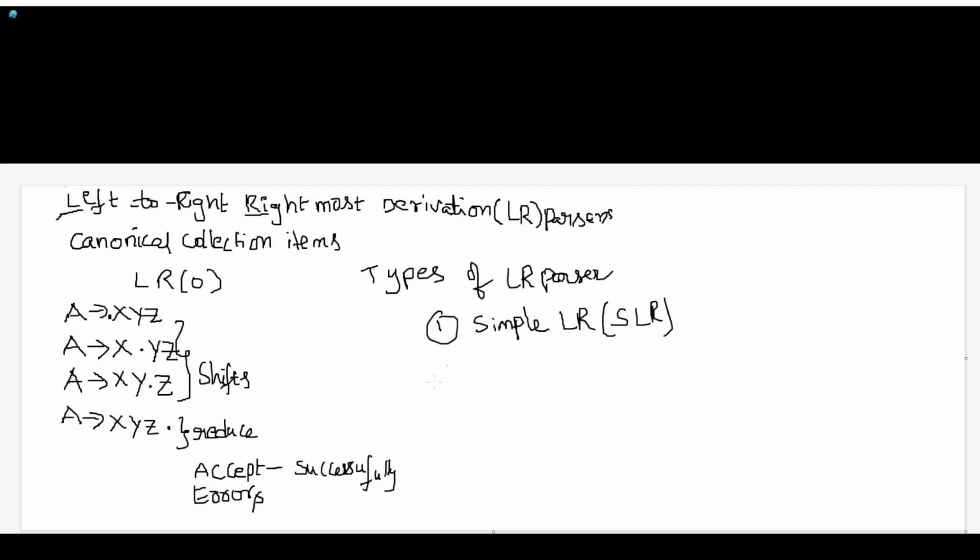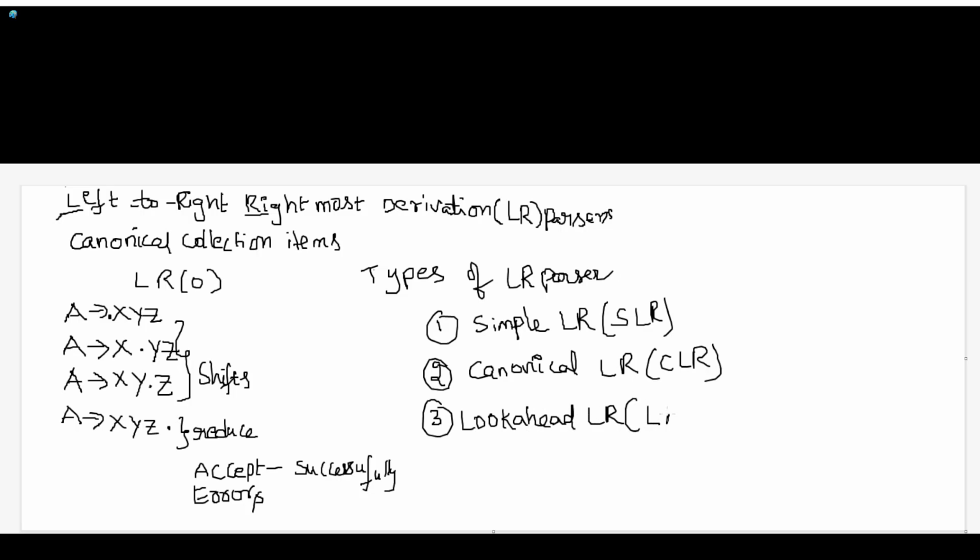The second one is CLR, that means canonical LR. And the third one is look ahead LR, that is LALR.